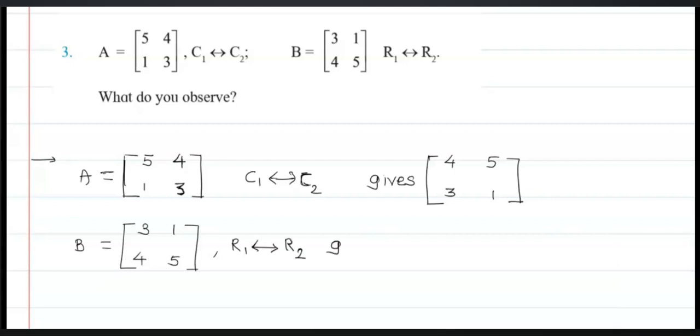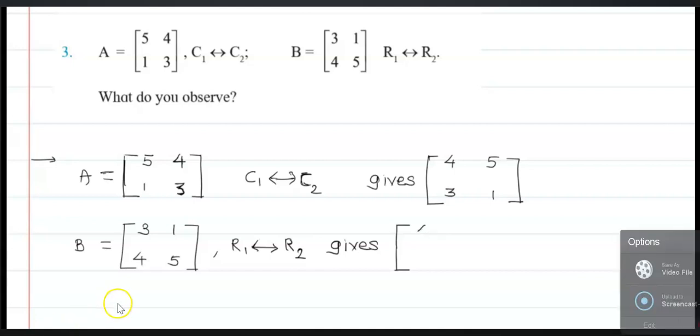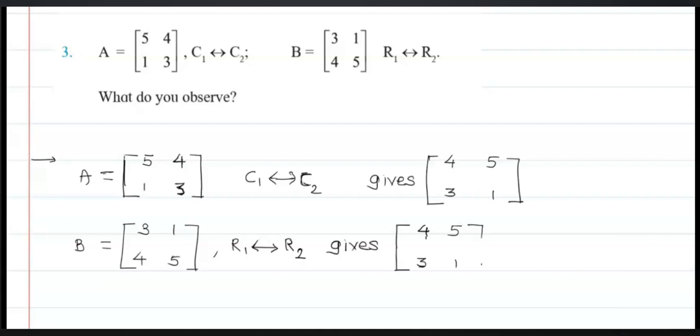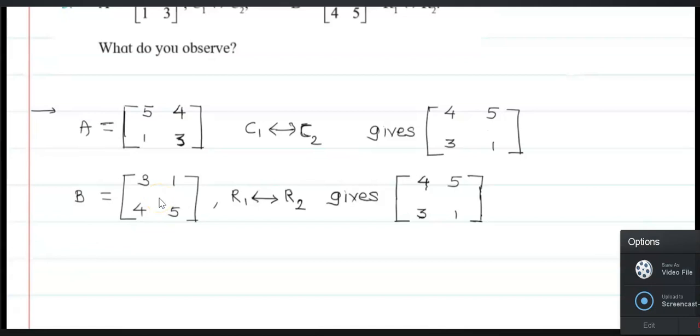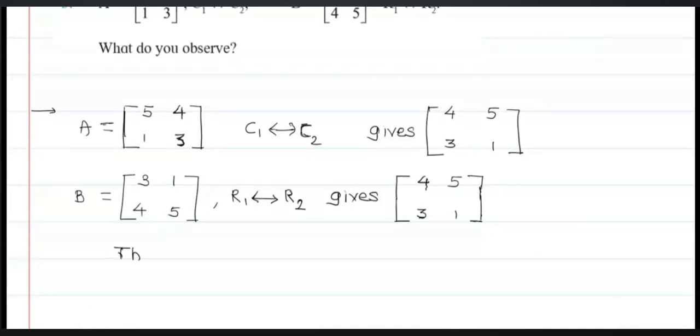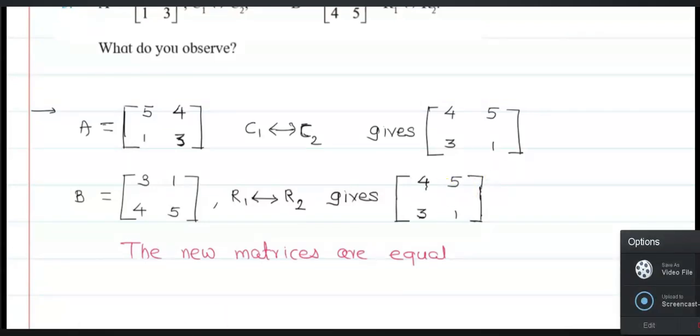Therefore you will get 4 5. The second row will come in the first row and the first row to the second. Very simple. Now, what is your conclusion? If you perform both operations and the answer is the same, the two new matrices are equal.